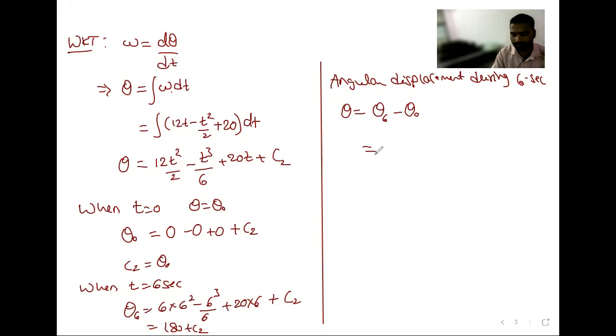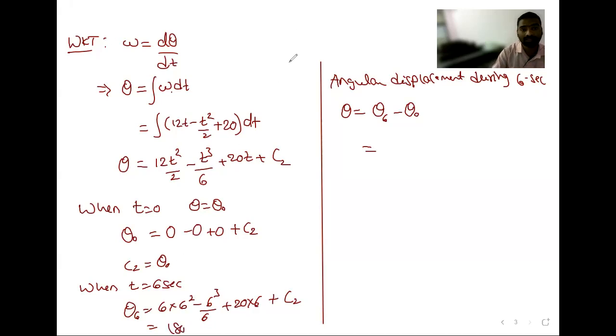One minute. 6 into 6 square minus 6 cube by 6 plus 20 into 6. So ये total answer कितना गया? 300. Yes, all of you. कितना गया आंसर? Yes sir, 300 है. I got 180. कैसे 180 आ गया? Okay, it is 300 आई क्या? Okay, ठीक है.